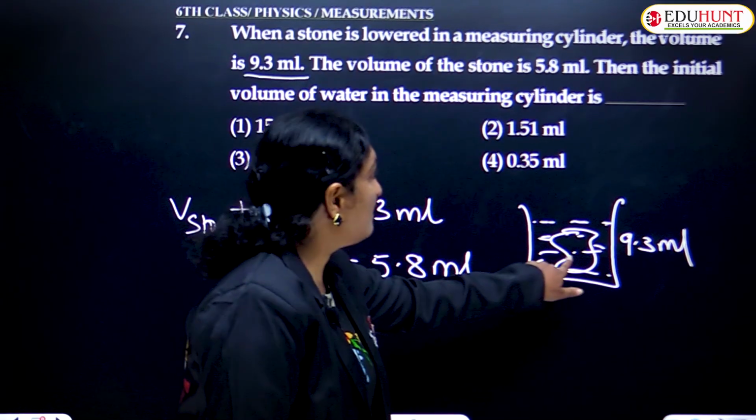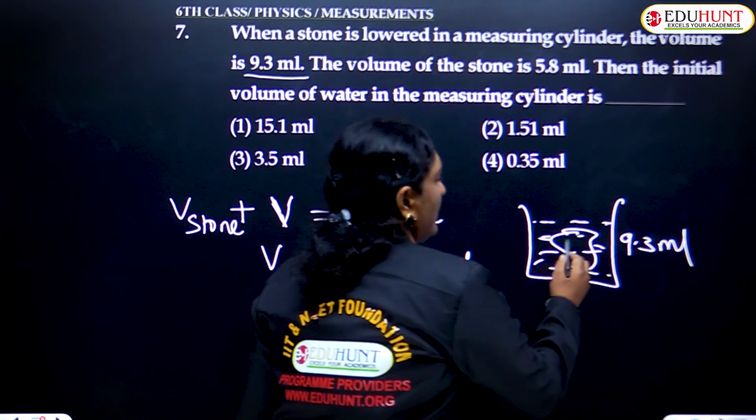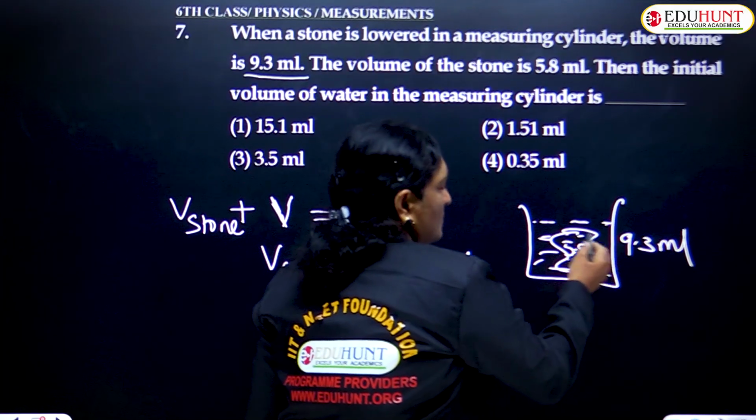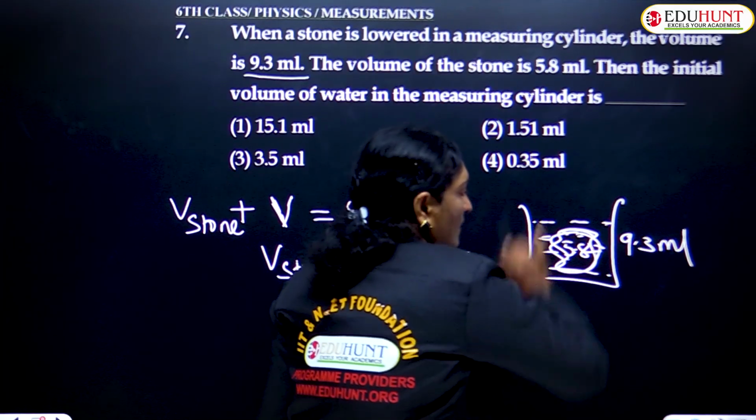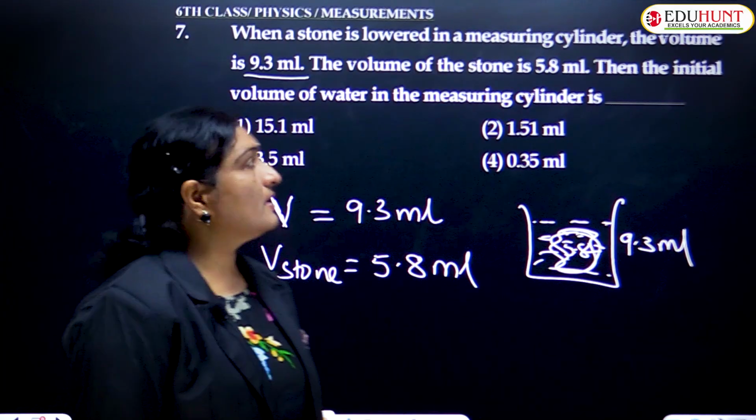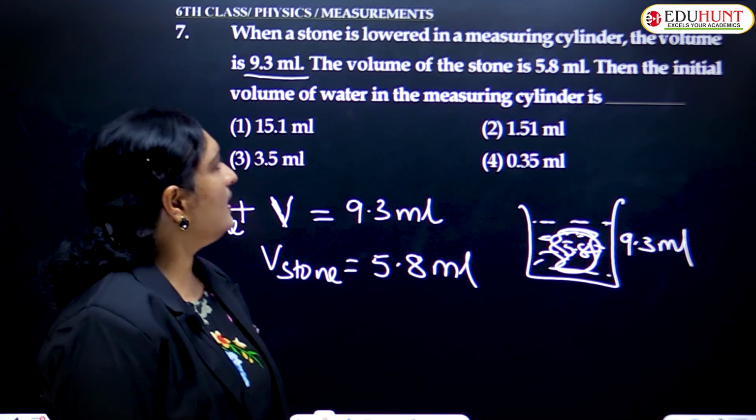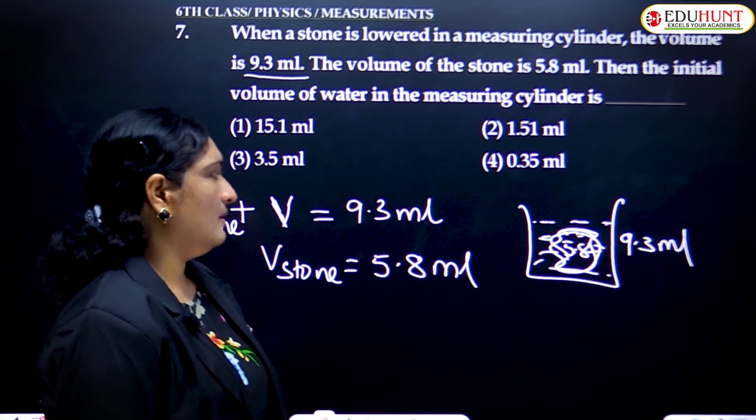The stone itself is 5.8 ml. Overall, stone plus liquid is equal to 9.3 ml. So this is the given condition.